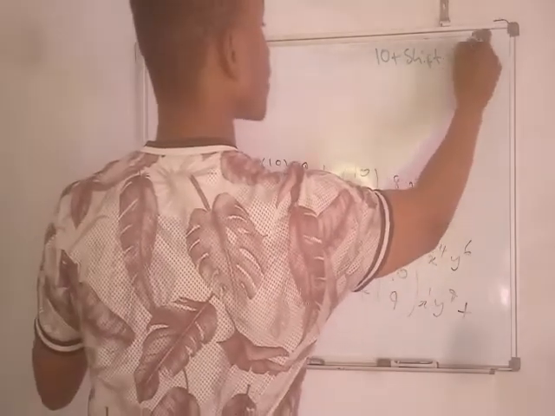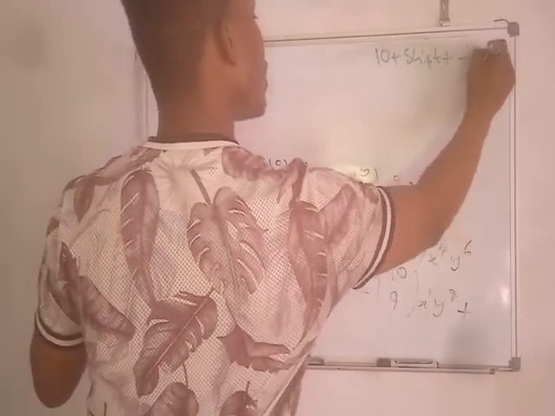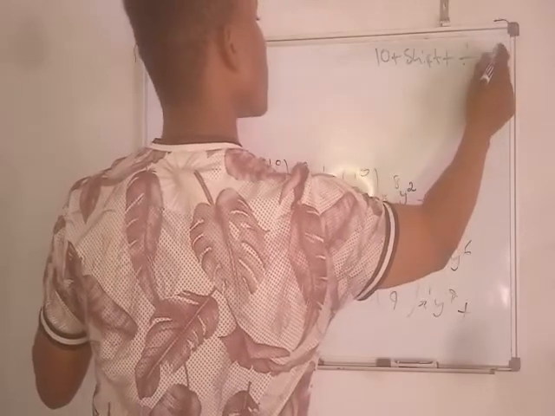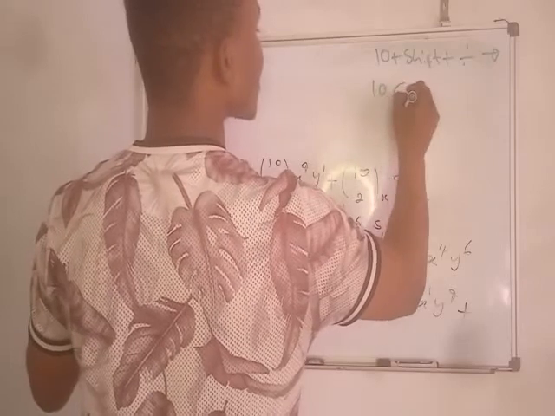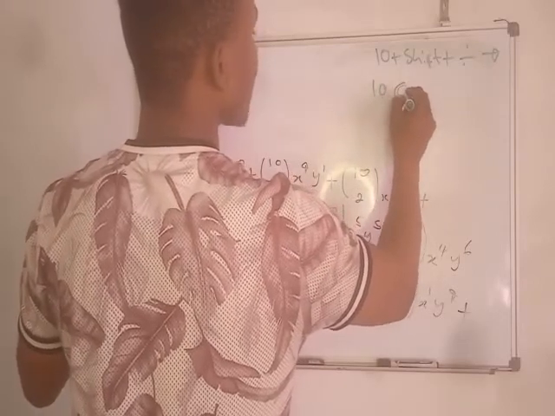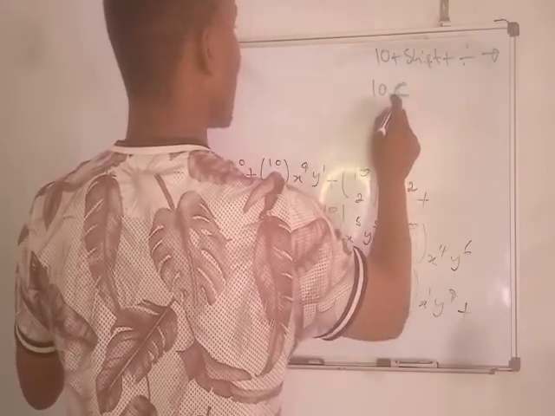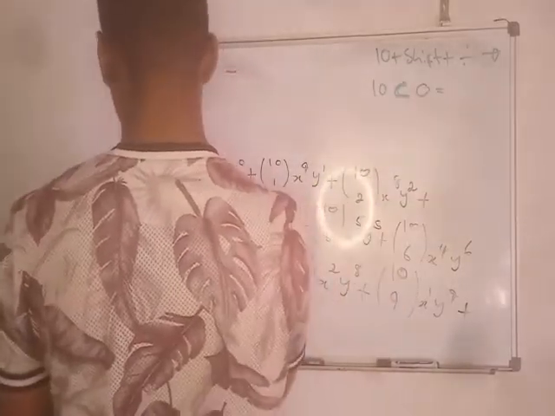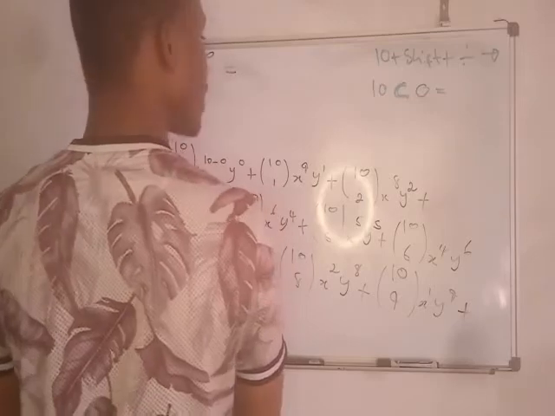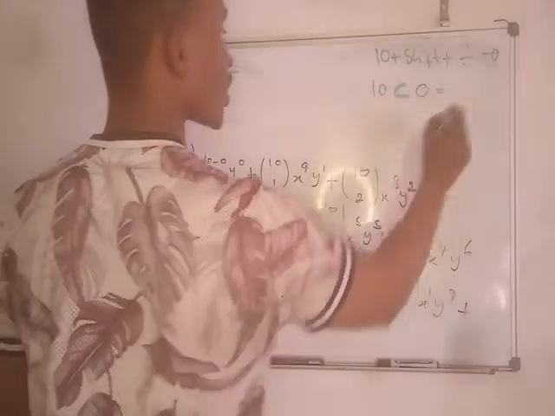It will lead you to something like C, it will be 10 C. Then you press 0, and it will give you 10 shift division 0, which is just 1.